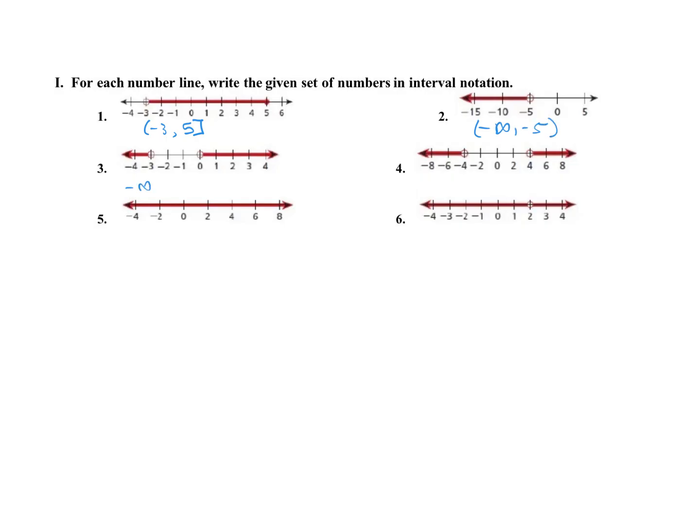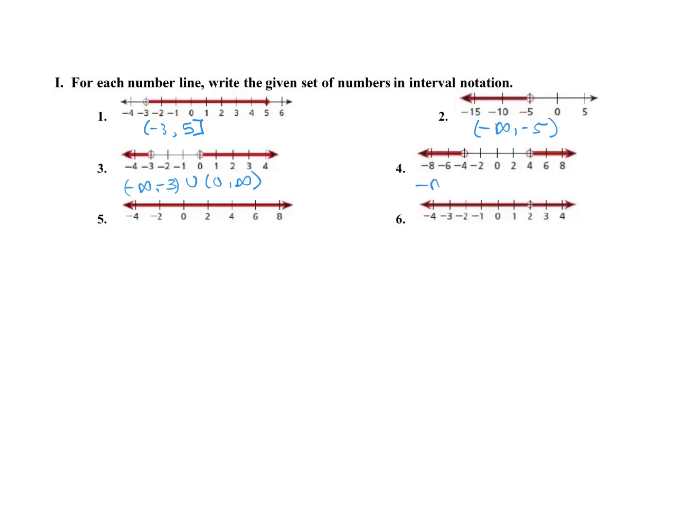This would be -infinity to -3, U, 0 to infinity, all parentheses because we had open circles, and infinity always has open circles.